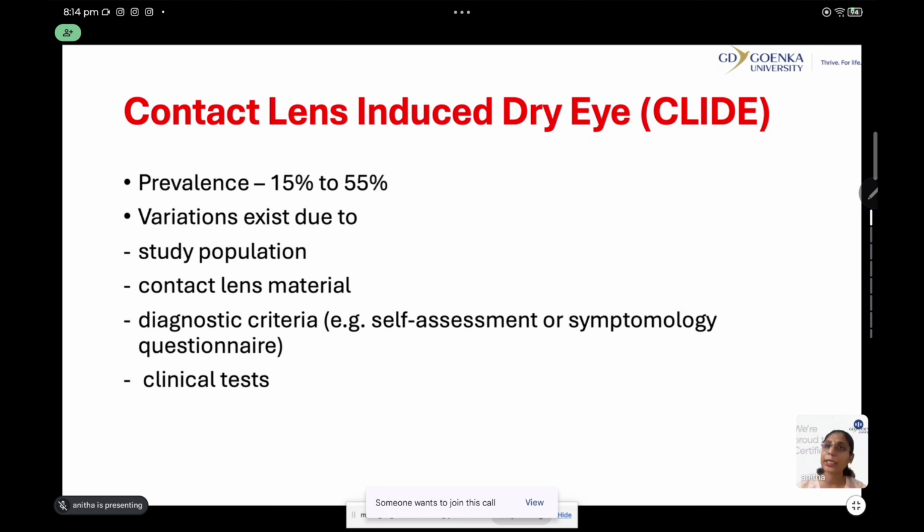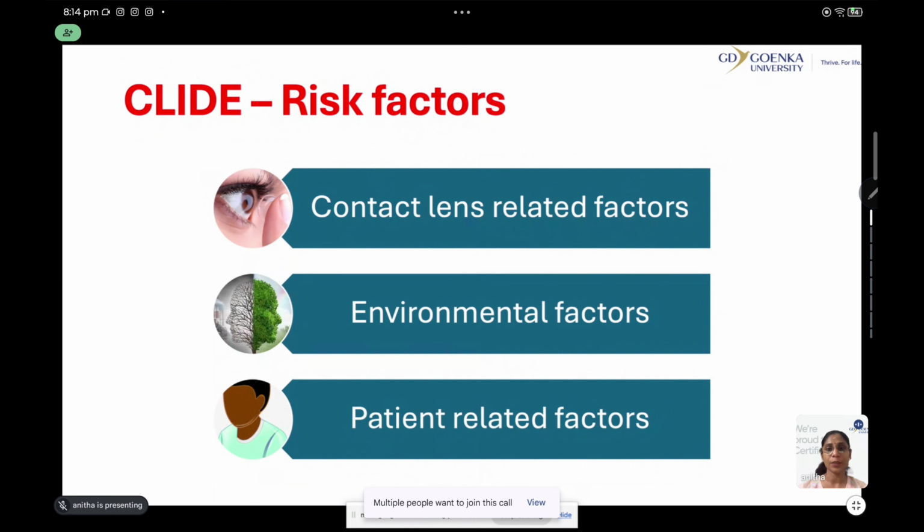Because of different study populations in the published studies, variance in the contact lens material used, and variability in diagnostic criteria. Some could be self-assessment or based on a symptom questionnaire, and there is variation in the clinical tests used to confirm Clyde.